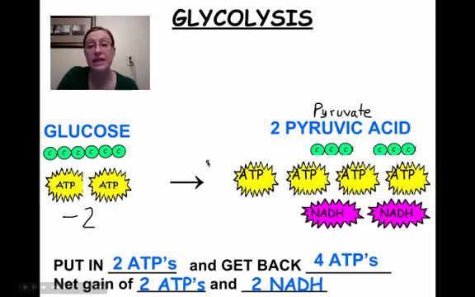We get a release of energy. And how many have we released? We have released 4. So if we do some quick simple math here, -2 plus 4 means overall we have a net gain of 2 ATP molecules. And that's what it says down here, a net gain of 2 ATP molecules.